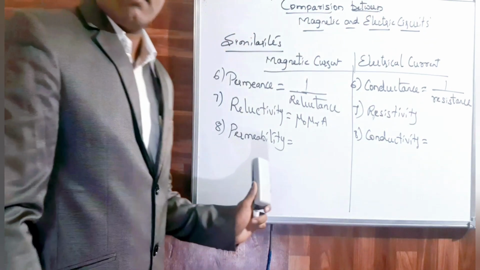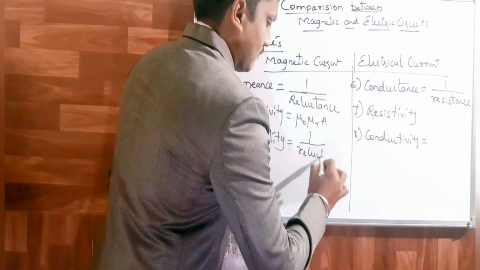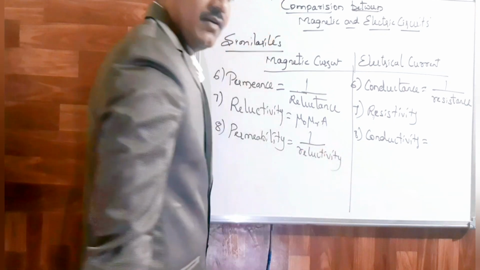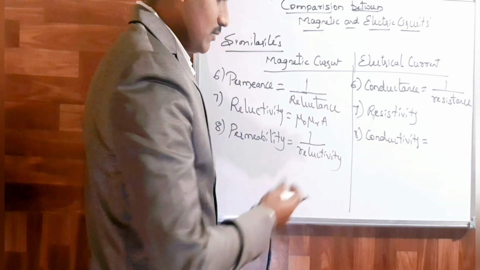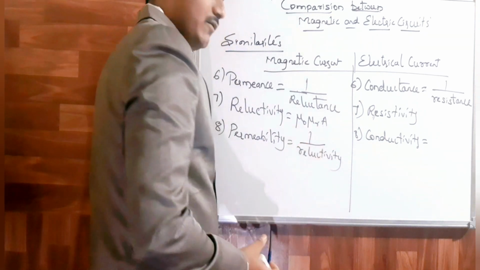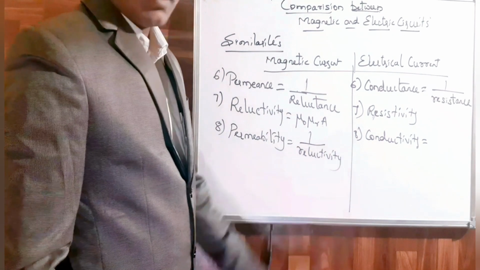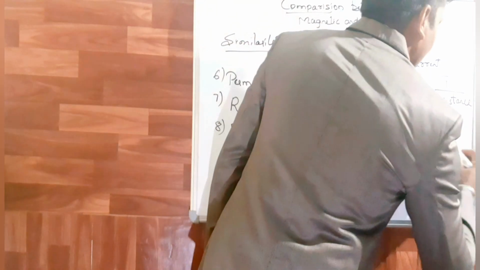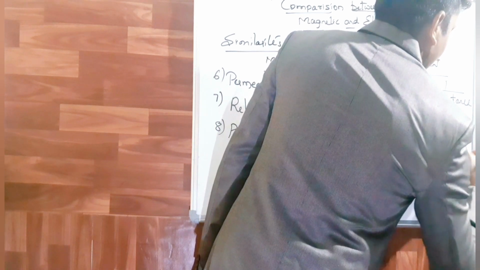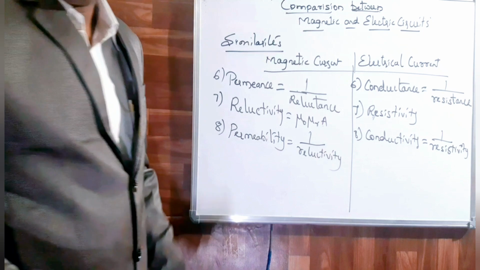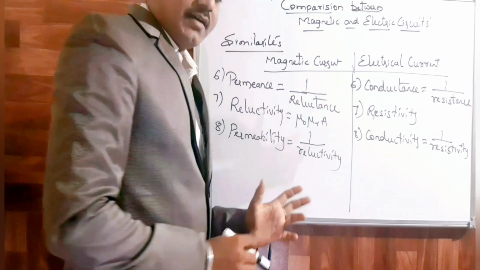Permeability is the inverse of reluctivity, the reciprocal: if you calculate 1 upon the value of reluctivity, you will get the value of permeability. And conductivity is 1 upon resistivity. So these are the main similarities we come across in magnetic and electric circuits.